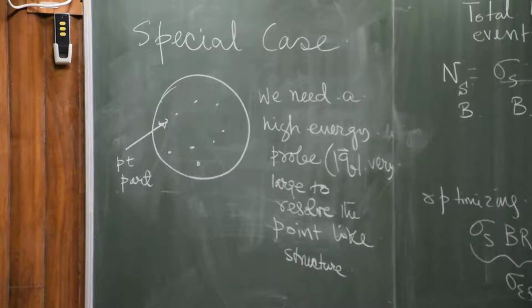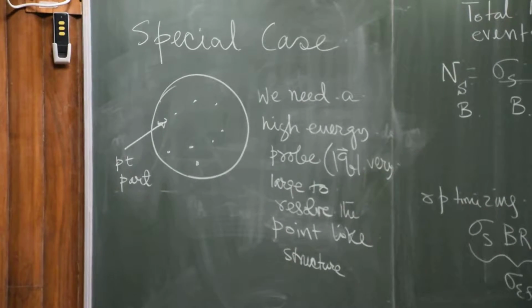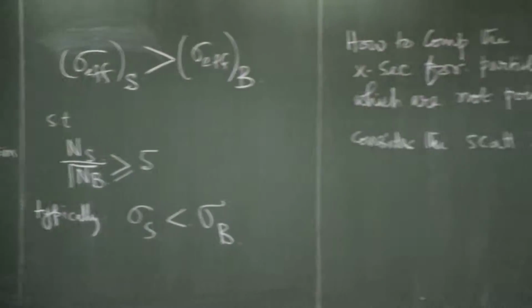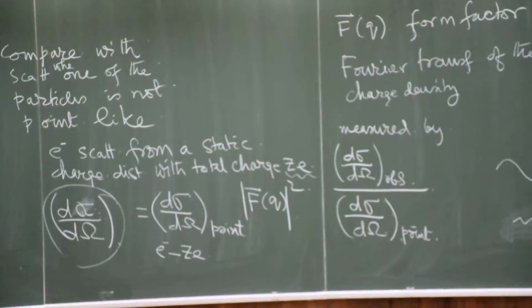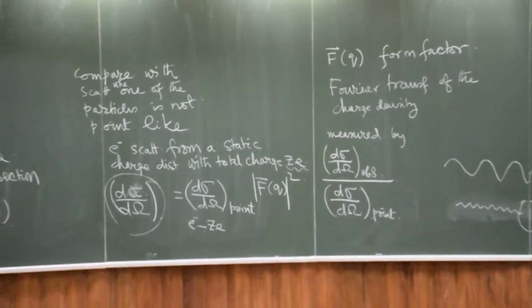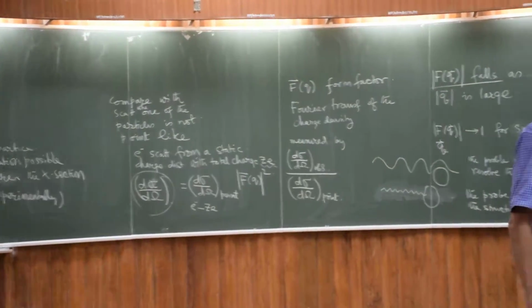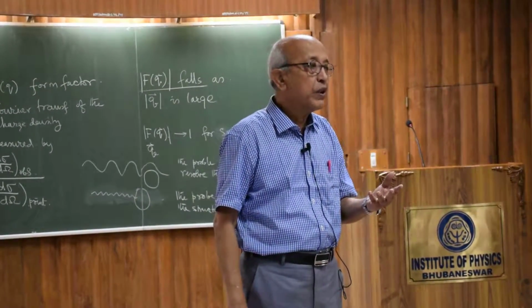So Rutherford had to depend on whatever he could get. And it resolved the nucleus inside the atom. Now this is not a mean task. For example, this probe could scatter completely from the charge cloud inside the atom due to the electrons.